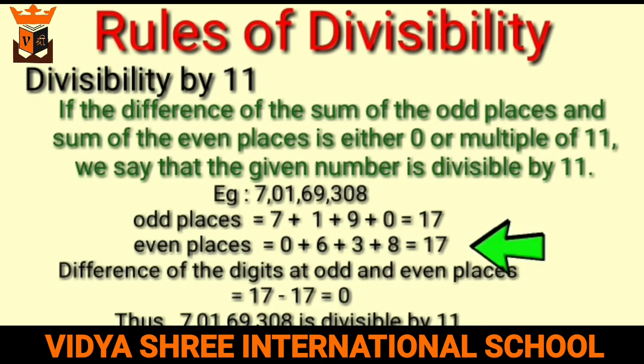And the numbers at even places are 0, 6, 3 and 8. Find the sum of the odd places and the even places. After finding the sum, we will find the difference of the digits at odd and even places. We get the difference 17 minus 17, which equals 0. So the given number 7,169,308 is divisible by 11.